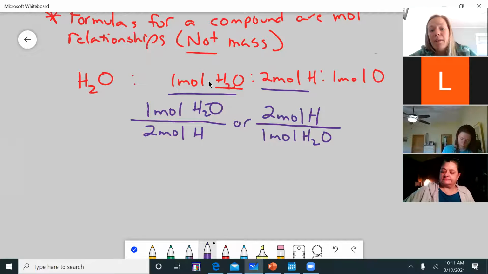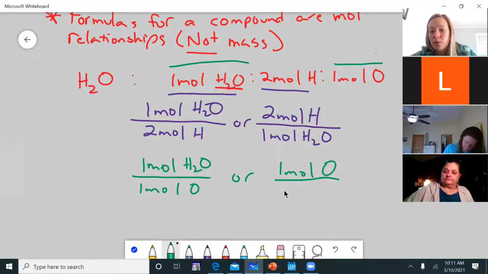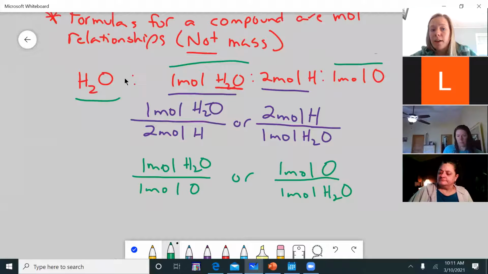Another relationship I have here is this one. 1 mole of water needs 1 mole of oxygen. So 1 mole of water yields 1 mole of oxygen, or 1 mole of oxygen can produce 1 mole of water. So there's all these built-in conversion factors from this formula by looking at the subscripts.